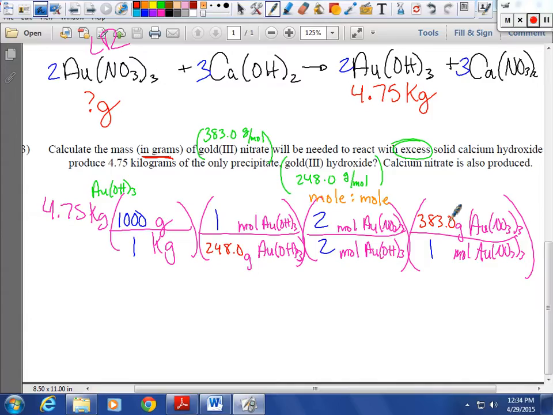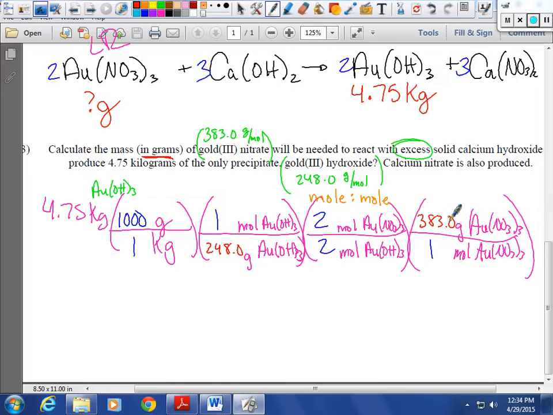So 4.75 times 1,000 times 383, all divided by what? 248, and that's it, right? That's a simple. What is this thing doing? All right, my calculator is fixing to die, so it will not give me the answer.